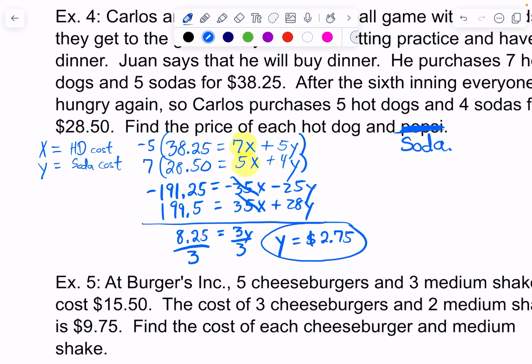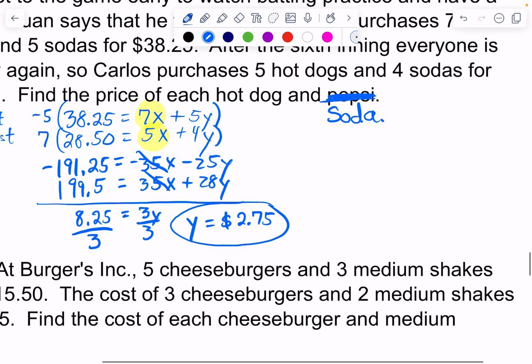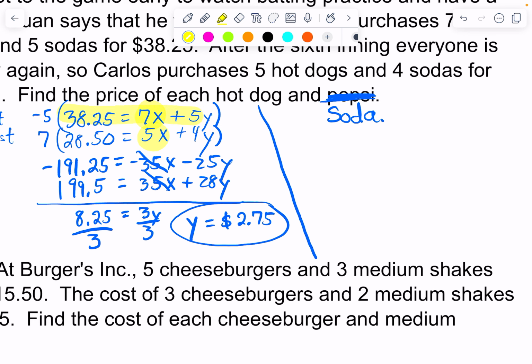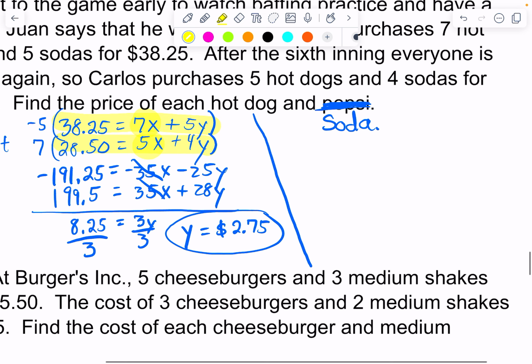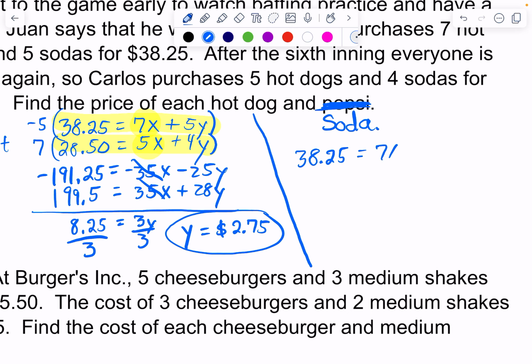Now that we have y, we've got to plug it into the original equation, either one. You can plug it into the top or the bottom one. I'm going to go ahead and choose to plug that y into the top equation. So I've got 38.25 equals 7x, plus 5 times 2.75, which equals 13.75.